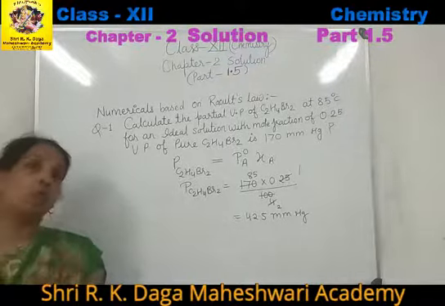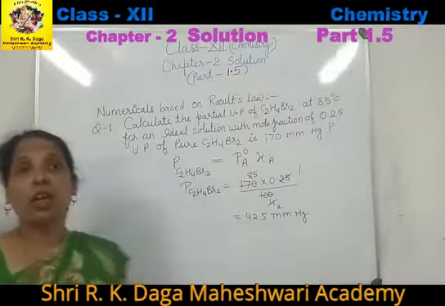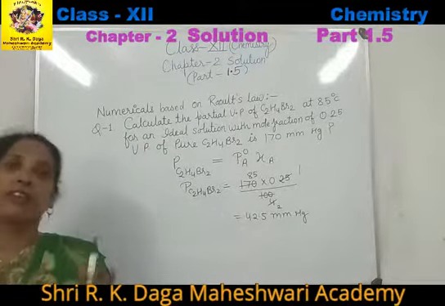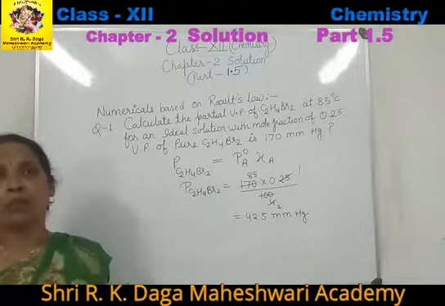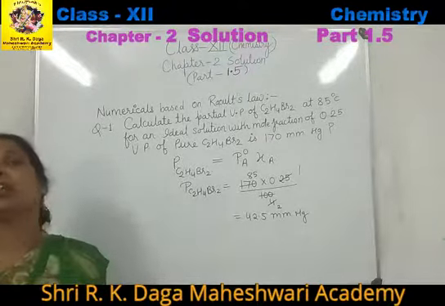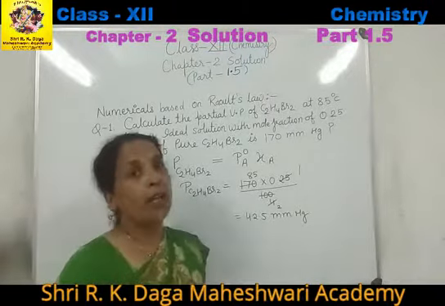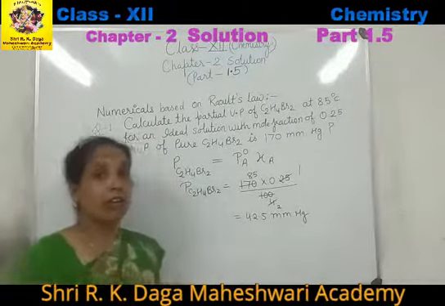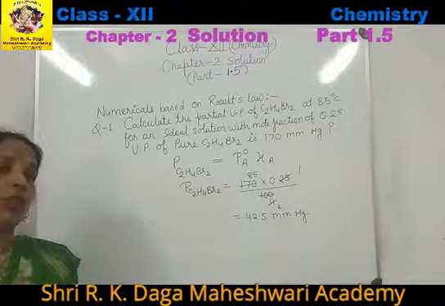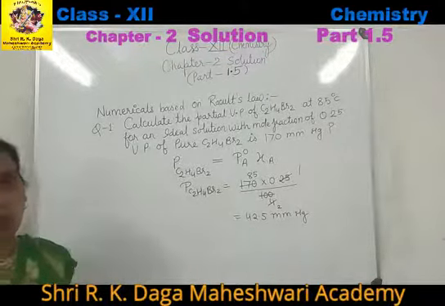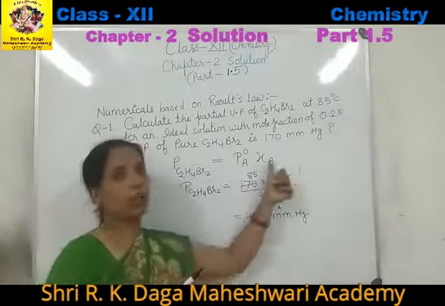But if two components are given in the numerical, out of which the vapor pressure of only one component is given, the mole fraction of that component is given, and nothing is given about the other component, it means the other component is non-volatile. Then we apply Raoult's law for the solution containing a non-volatile solute, and the formula is P solution equals P naught A into XA, or the partial pressure of the component equals P naught A into XA.